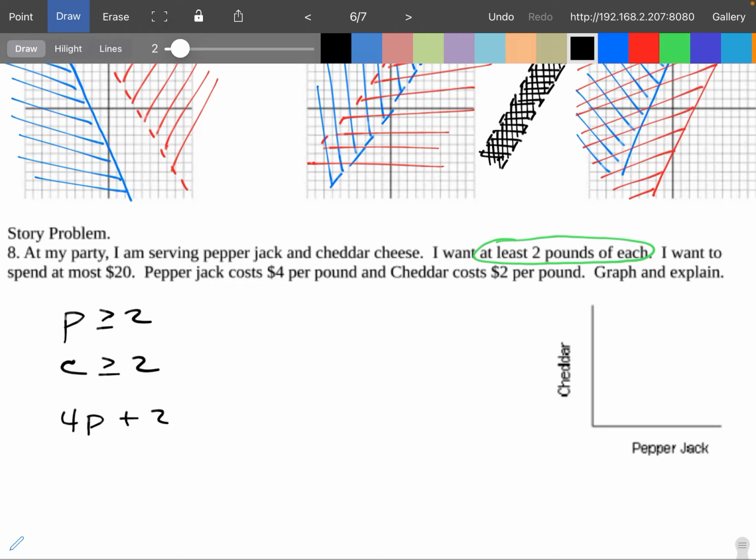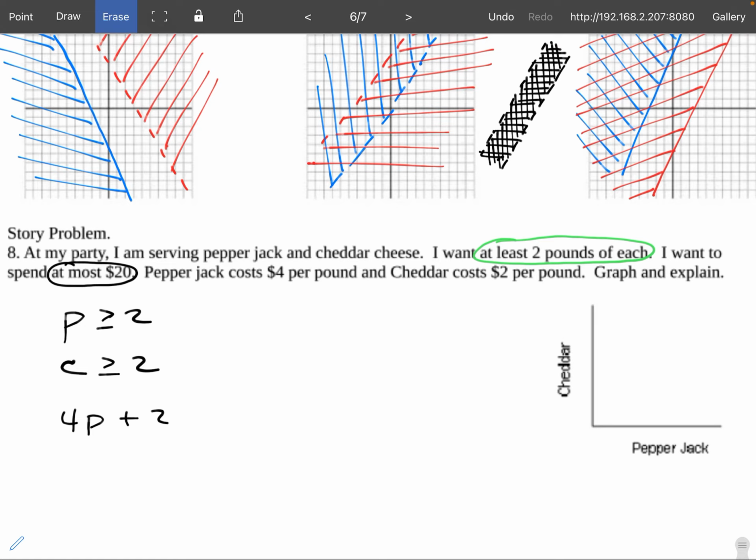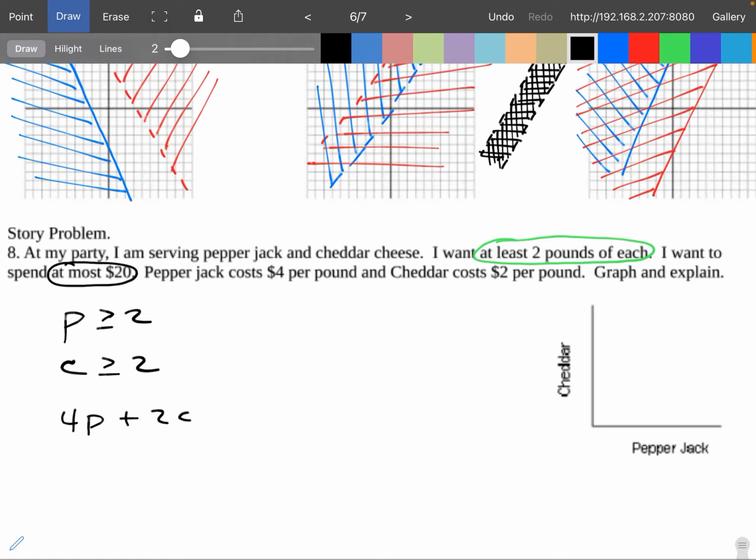So that means you want the number of pounds of pepper jack to be at least 2. So that's got to be greater than or equal to 2. And then you want the pounds of the cheddar to be also at least 2, which would be greater than or equal to 2. So you've actually got 2 inequalities there.